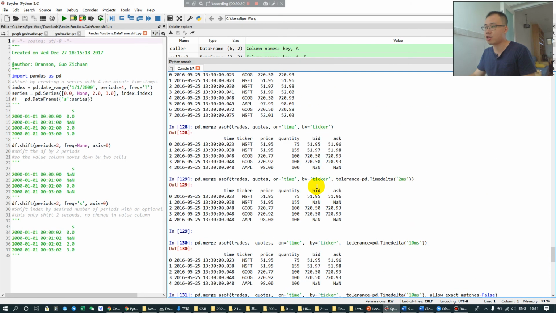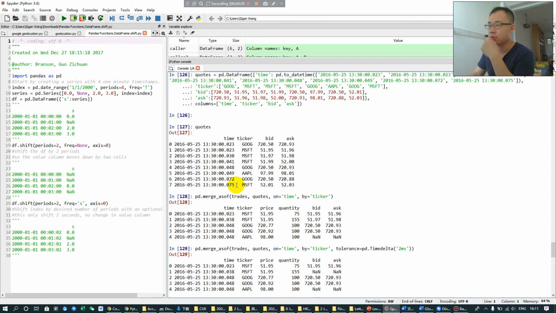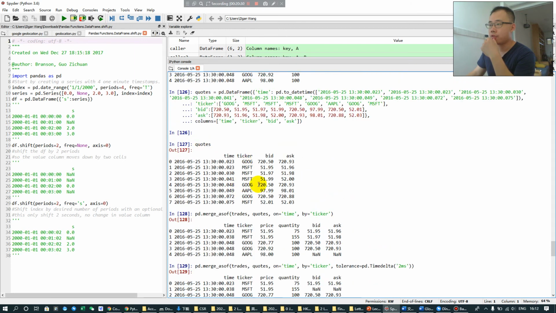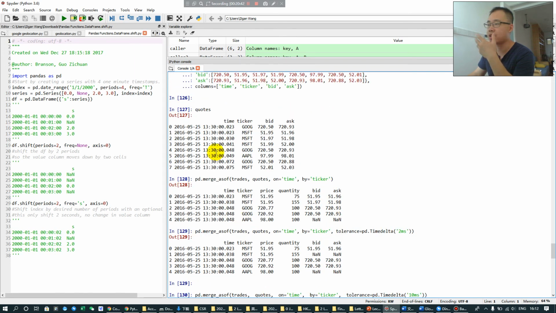The other change is for this, the Apple at 048. For the quotes data, the only observation for Apple is 049. So when we don't specify the direction, the default value is backward. The quotes data doesn't have an Apple observation before 048.